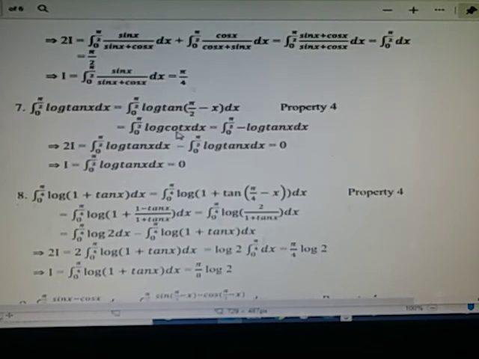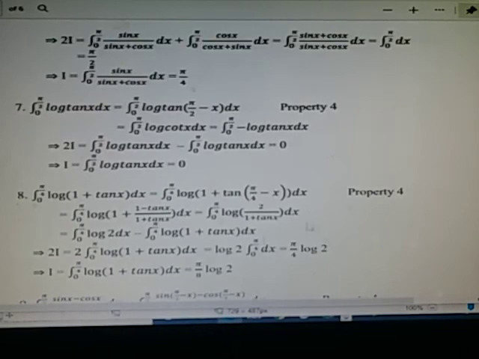When you take the logarithm, the minus sign comes out, so this becomes minus log of tan x. Then you add I plus I. This is also I, same value, but one is the negative of the other. Take this to the left hand side, twice I becomes 0. So the value of I is 0.